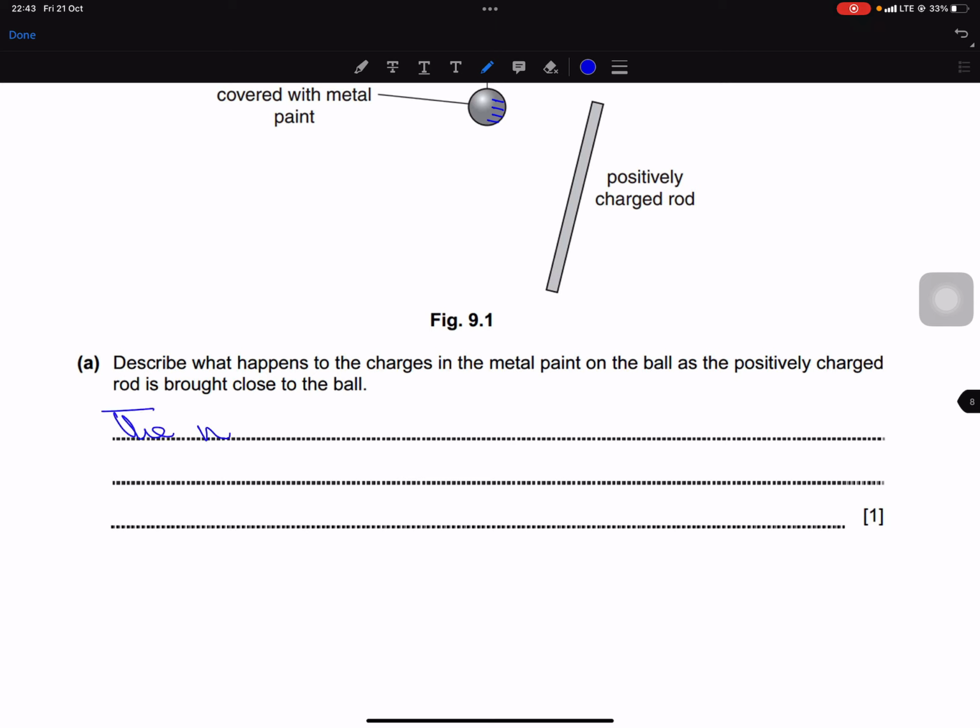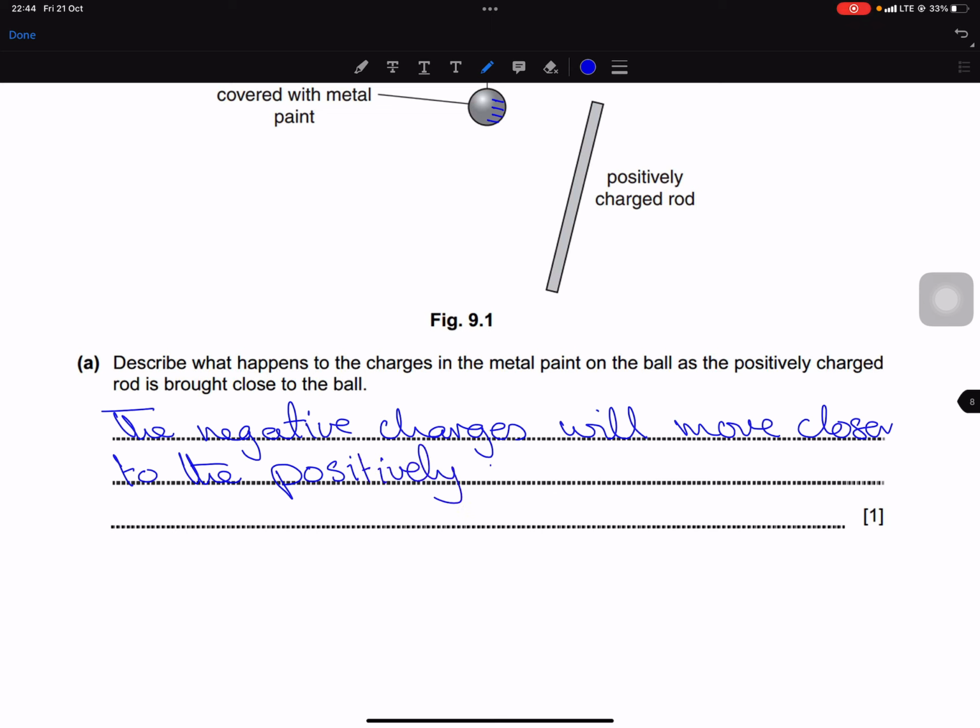The negative charges will move closer to the positively charged rod. Okay?